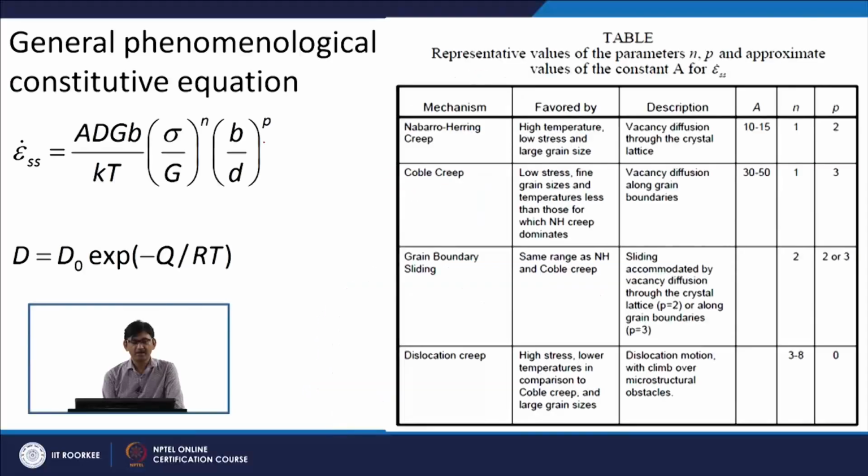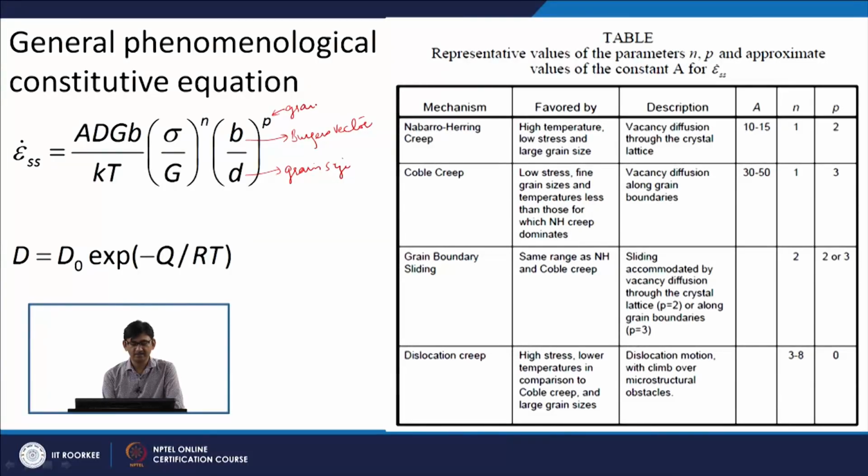So, for coarse grain you will have NH creep, for fine grain you will have Coble creep. So, there is a grain size dependent parameter here. D is your grain size, and B is your Burgers vector. All these values are normalized with some constant, and you have an exponent here. So, this is a grain size exponent.